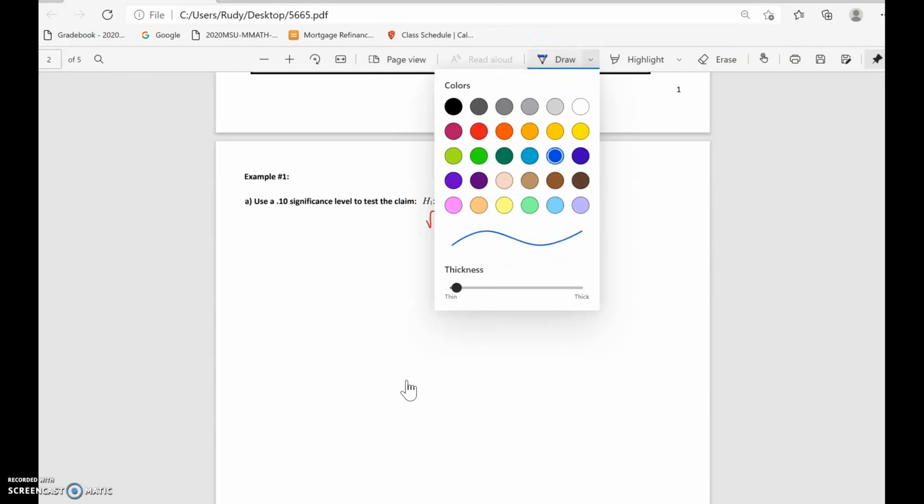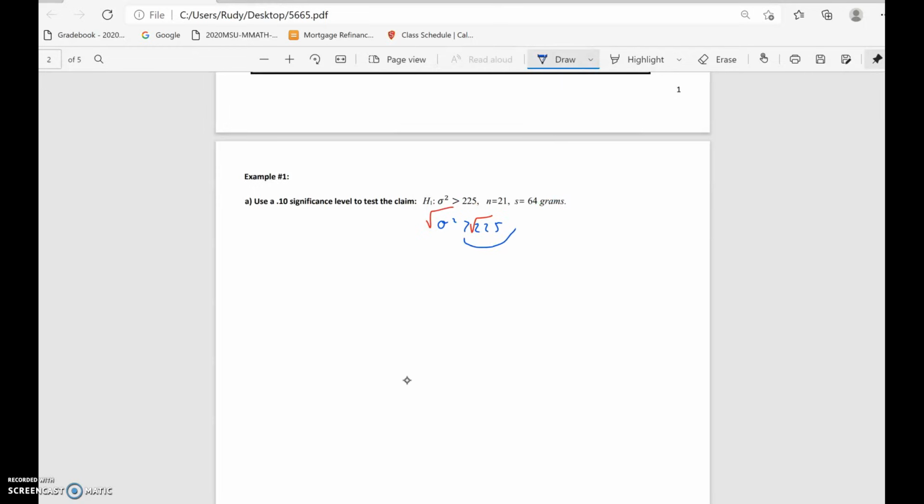And technically, this causes a plus and minus in terms of algebra. So you would have sigma greater than plus or minus the square root of 225, or sigma is greater than the square root of 225. Please evaluate that. I think it's an integer. So square root of 225, I'm getting 15.